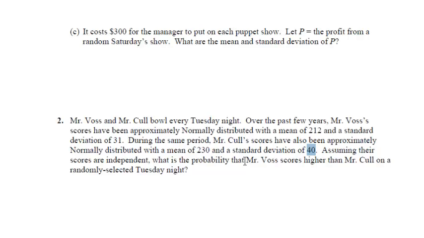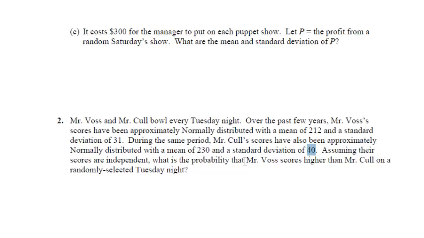So for my z-score, I did z equals, and I put 0 in for the actual because I want their difference to be nothing. That's going to be my borderline. And then I did minus negative 18 because that was the mean, and then I divided it by whatever the standard deviation that I got. It's 50 something like that. And then I found that in the table, I found what the z corresponded to for the probability. The only problem is that probability is giving me a bigger number than 50%.